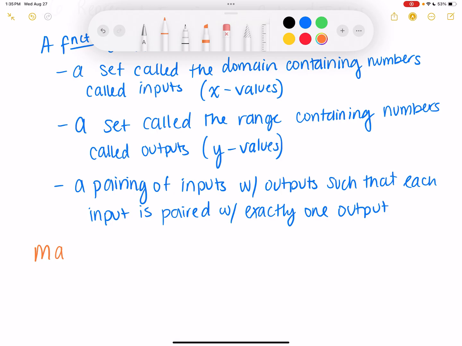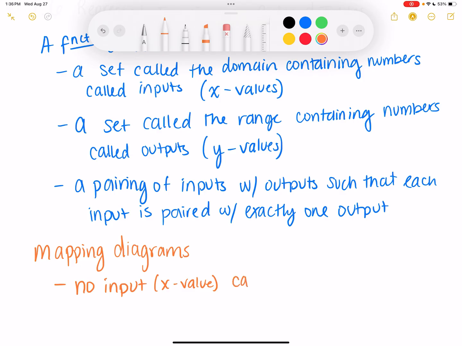So we have something called mapping diagrams, which help us to determine essentially if a set of values is a function or not. The way that we do that is we set them up as an input row or column and an output column, and we see if anything is used twice. So basically, no input or x value can have more than one output.